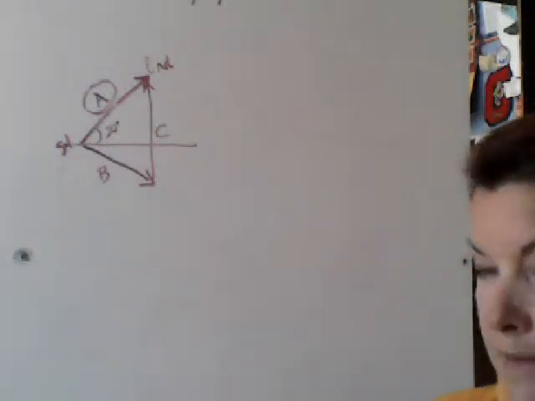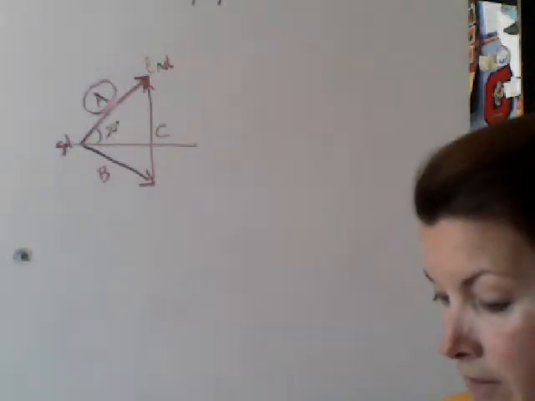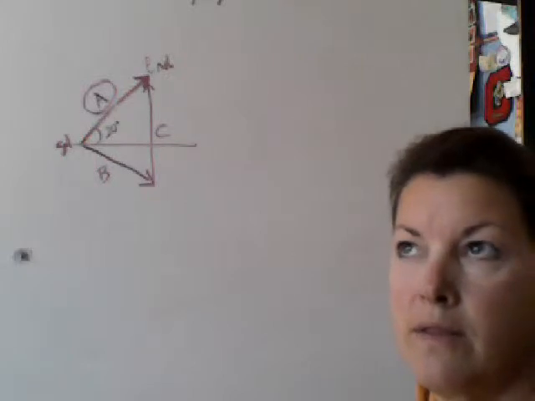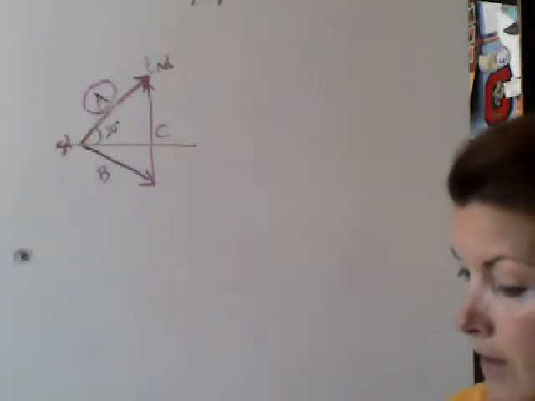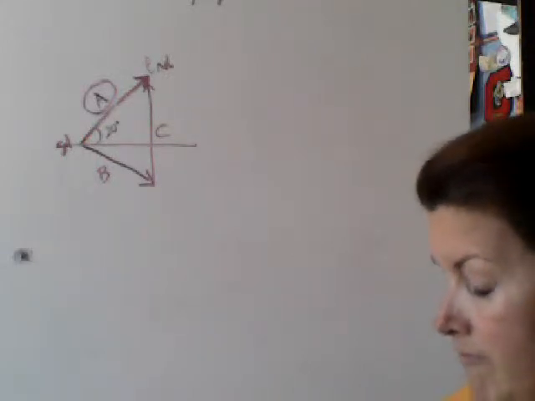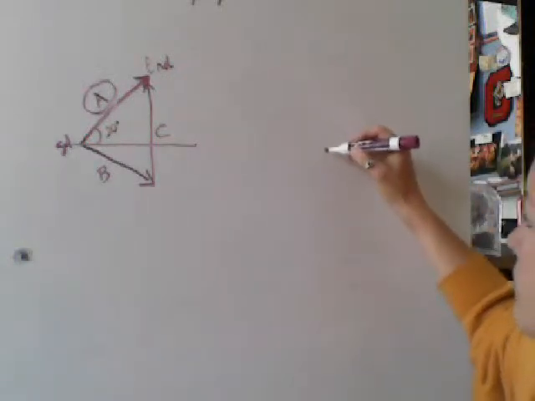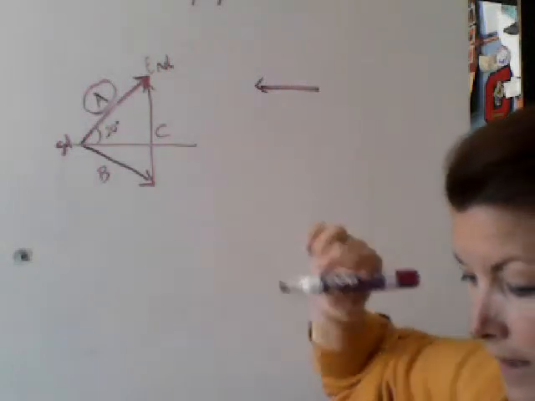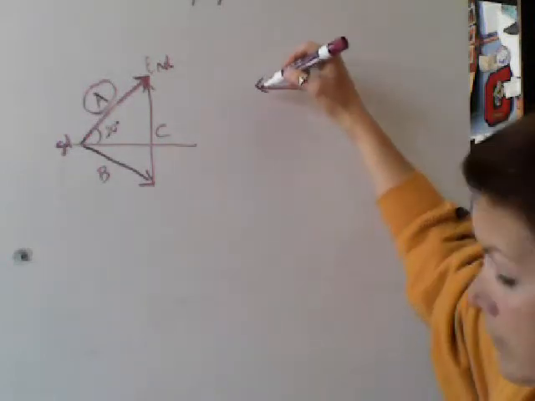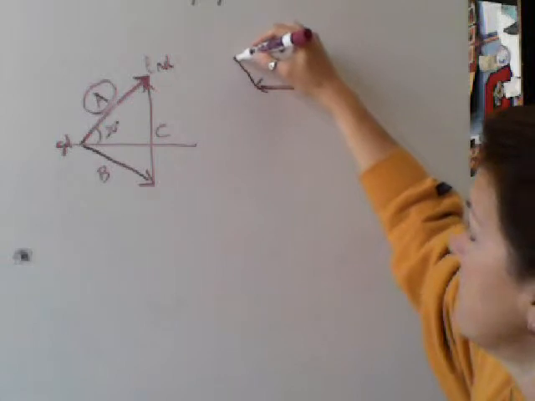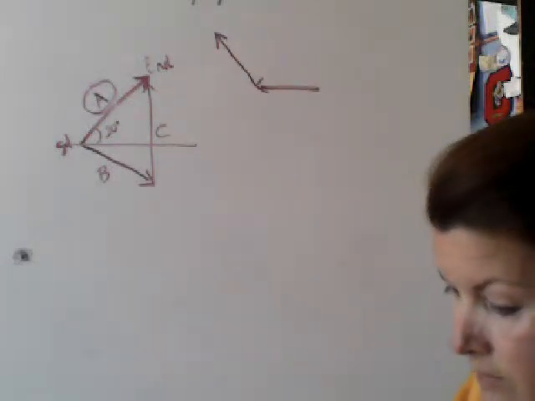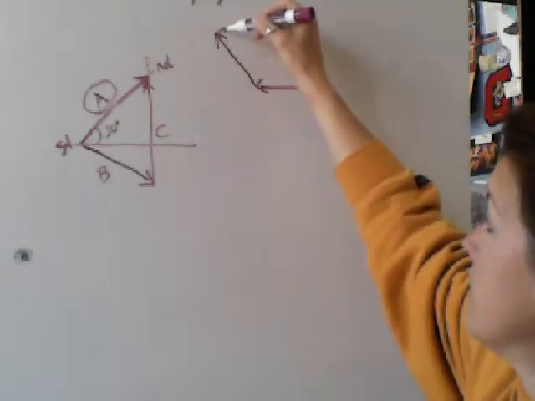The next problem talks about adding 3 different vectors together, and you can do any of the 3 to get a resultant. It doesn't matter what order you add them in. So if we add vector A, which just goes in a straight line like this, and we add vector B, which goes in a direction like this, and then we add vector D, which would go in a direction like that.